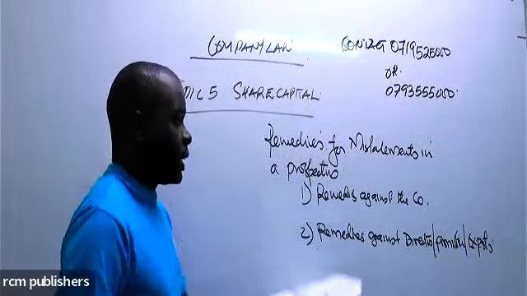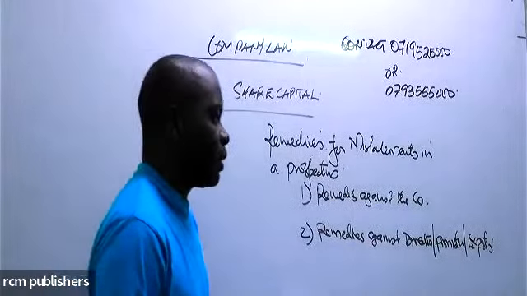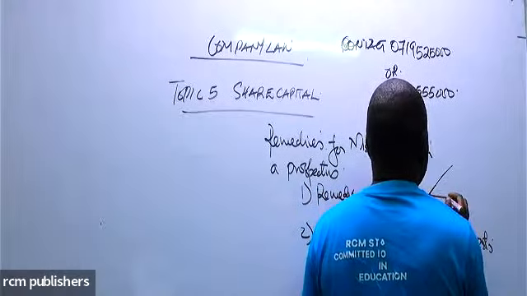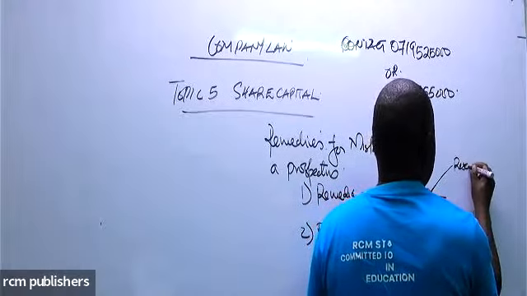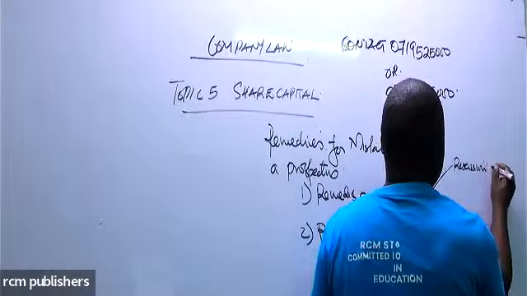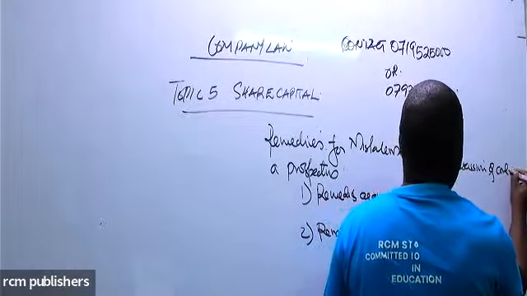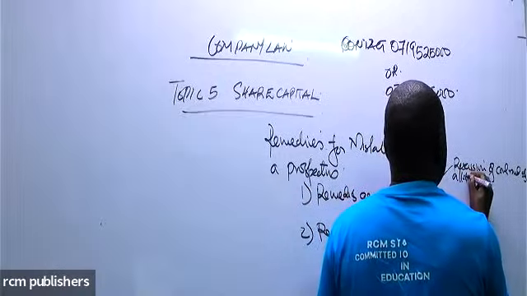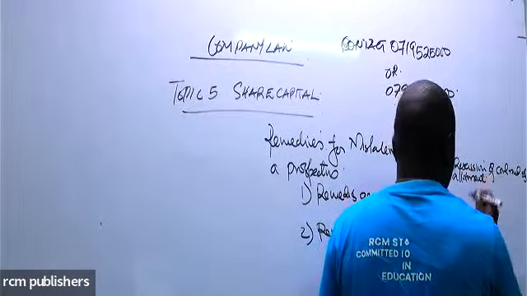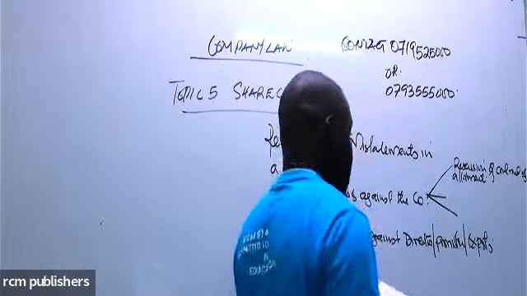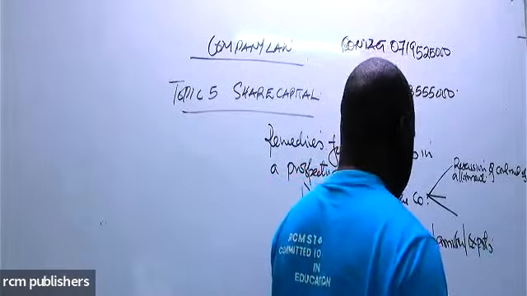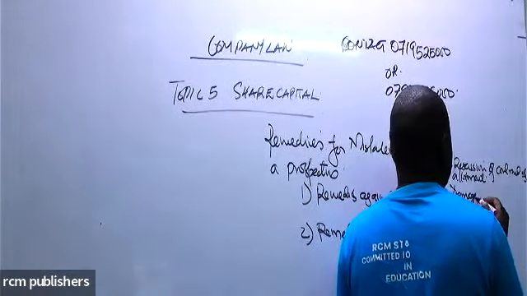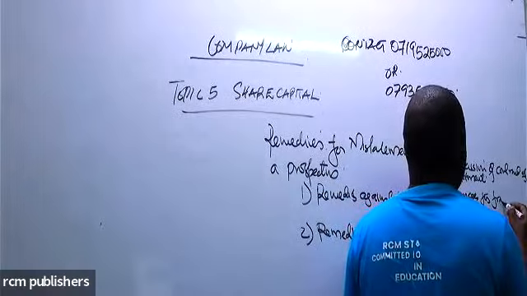So the remedies against the company can be rescission of the contract. There can be rescission or cancellation of the contract of allotment. We say also you can sue for damages for fraud.